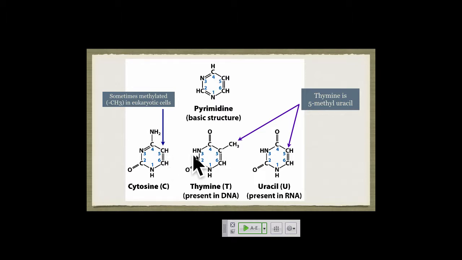You already know you have thymine in DNA, you have uracil in RNA. But biochemically, the only difference is the presence of this methyl group on the thymine. So thymine is really 5-methyl-uracil. Biochemically, they're very, very similar, except for this methyl group.